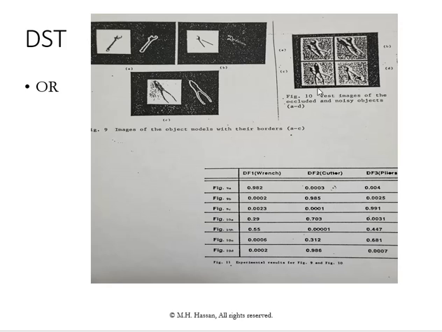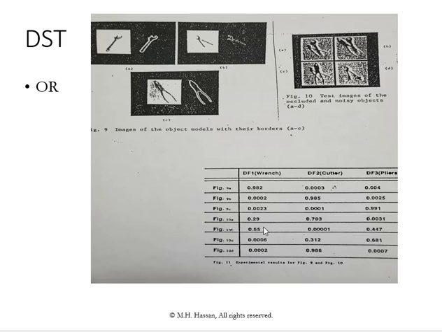Similarly, if I have two objects in the scene, like this one, with a cutter and a wrench, it gives me 0.55 as a wrench.